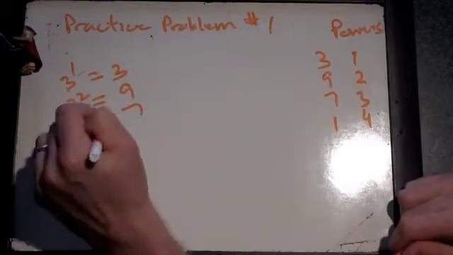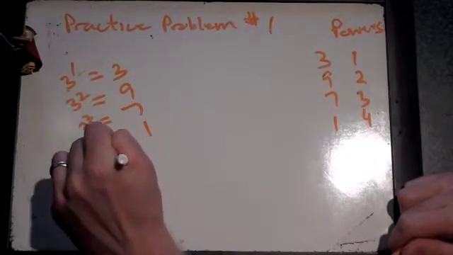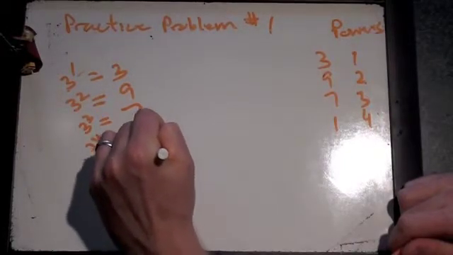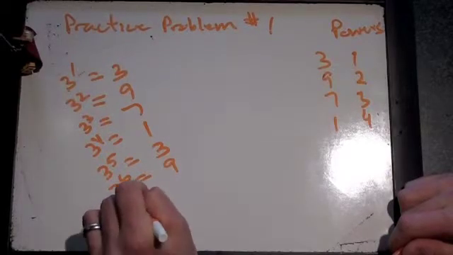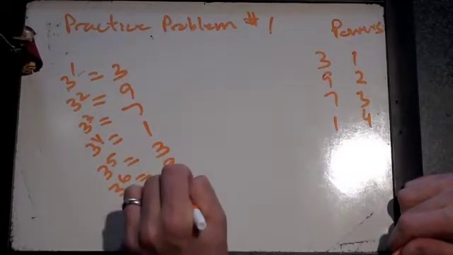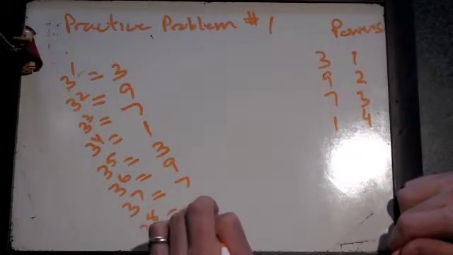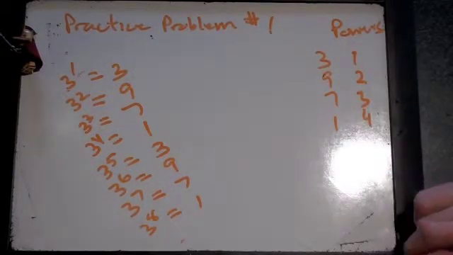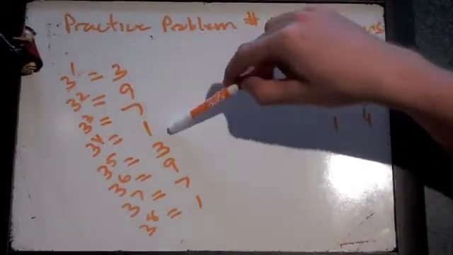So the last digit's 7. The last digit of 3 to the 4th is 1. The last digit of 3 to the 5th is 3. The last digit of 3 to the 6th is 9. The last digit of 3 to the 7th is 7. The last digit of 3 to the 8th is 1. So there's a pattern here. It repeats every 4.